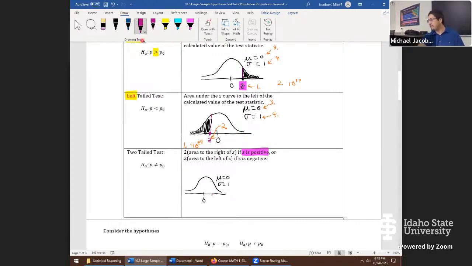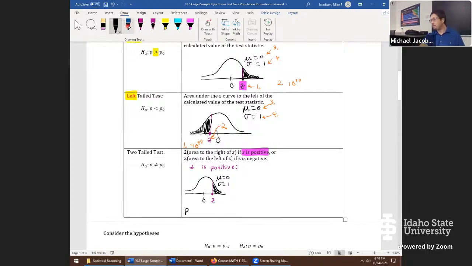Okay, so we've got a positive z. That means it's going to be somewhere, say, over here. So z is positive. In this diagram, then we'll take this area right here and double it.